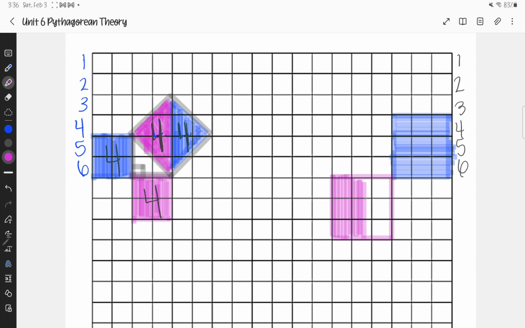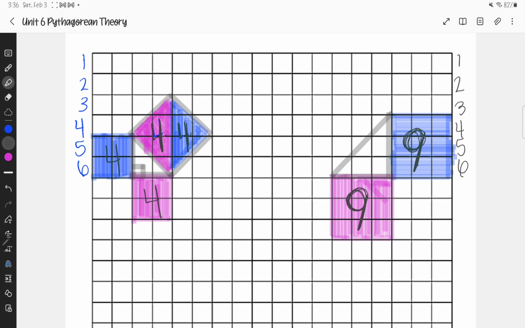So what he found is that the 9 tiles it took to make up this, and the 9 tiles it took to make up this, tells me that in my big square, I should have a total of 18. So again, here would be my right triangle.